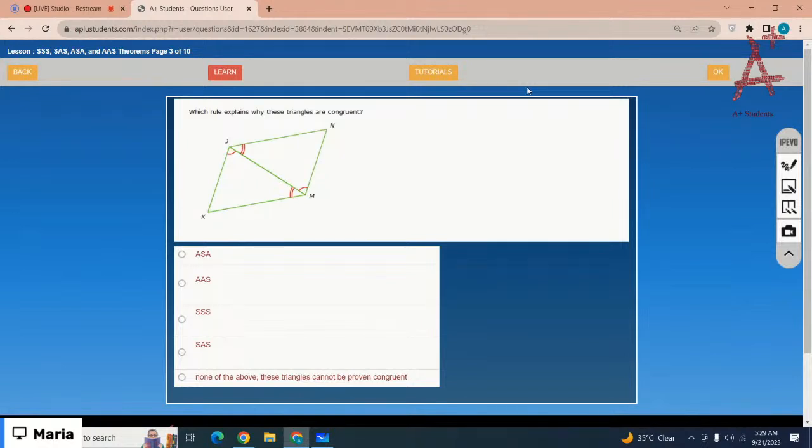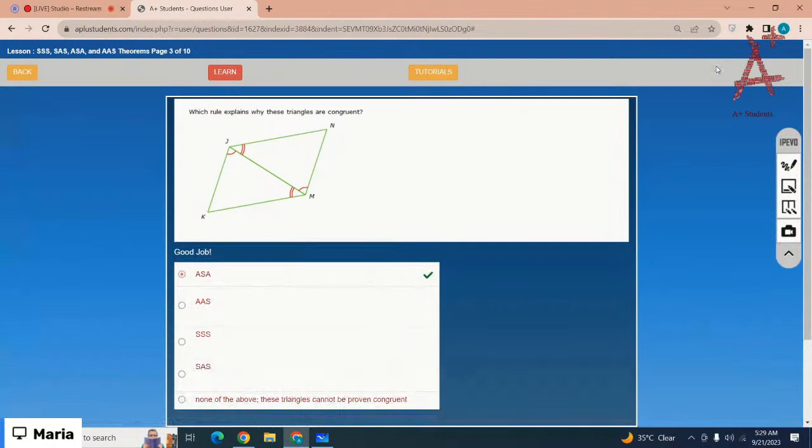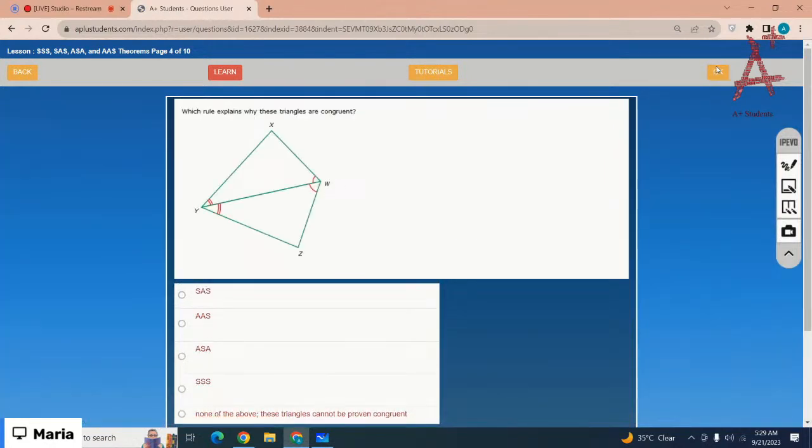That would be angle, side, and angle. That would be option number one. This angle and this angle, then two angles and one side. So it would be angle, side, and angle. Yes, it is. Which rule explains why these triangles are congruent?